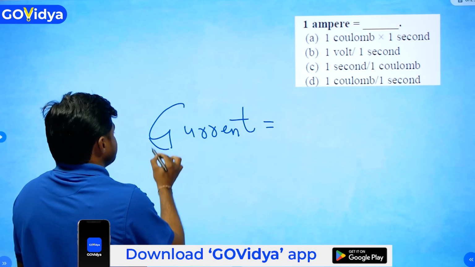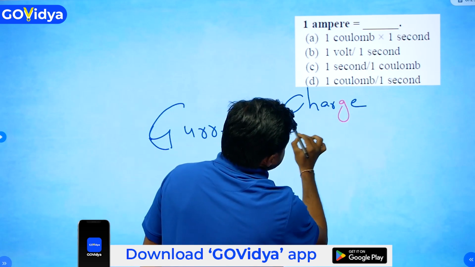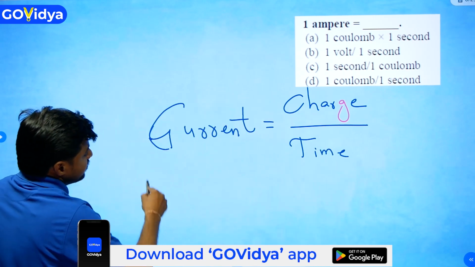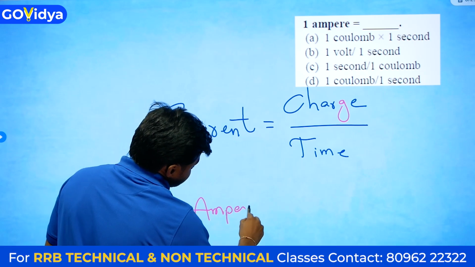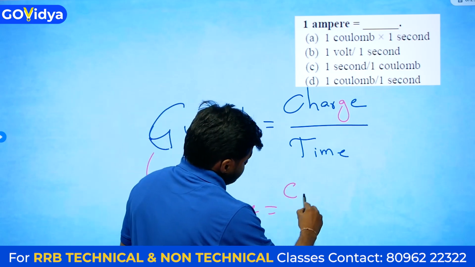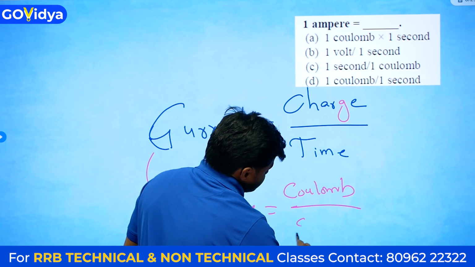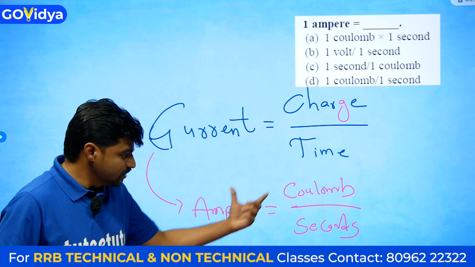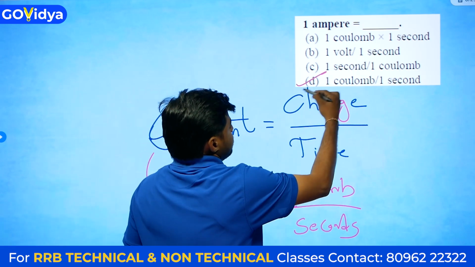Current units are amperes, charge units are coulombs, and time units are seconds. 1 ampere is equal to 1 coulomb per 1 second. From the options, coulomb by second, option D is the correct answer.